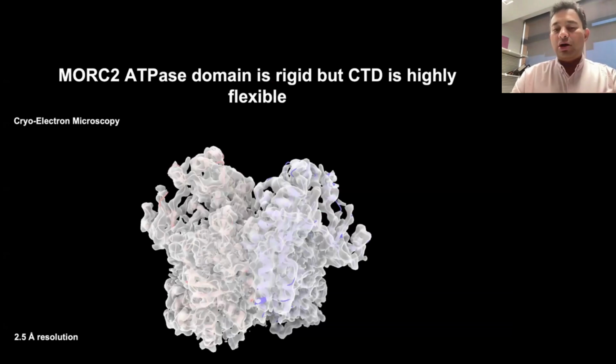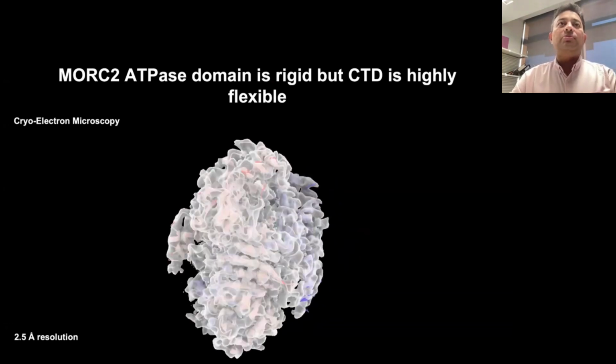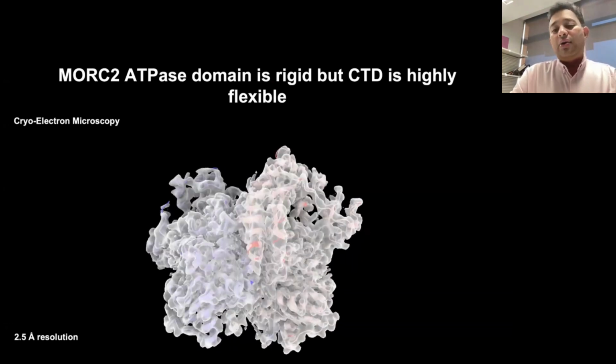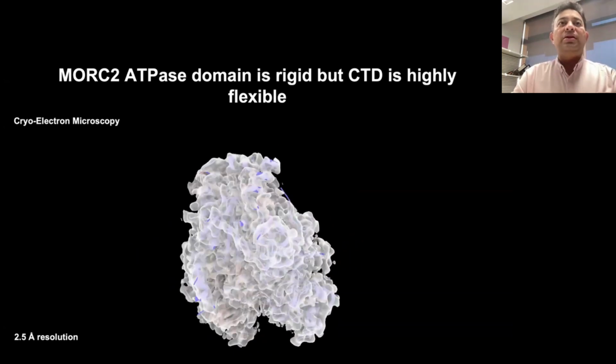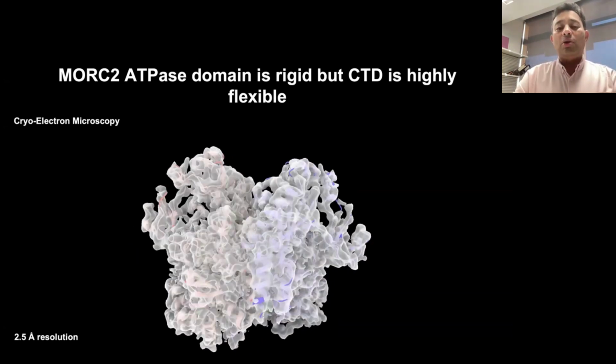We then went on to solve the structure of full-length MORC2. Within our cryo-EM structure, we can see two copies of MORC2, but only for the ATPase domains. So the C-terminal domain remains highly flexible. That tells you that flexibility is important to impart a function for MORC2.